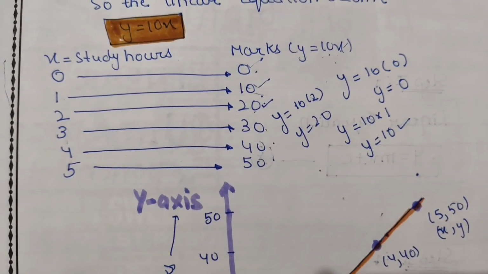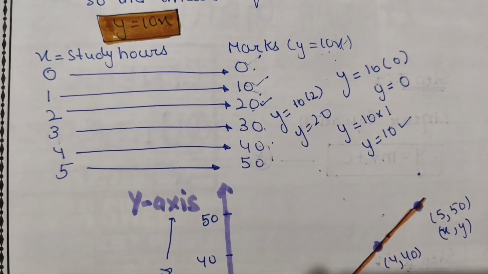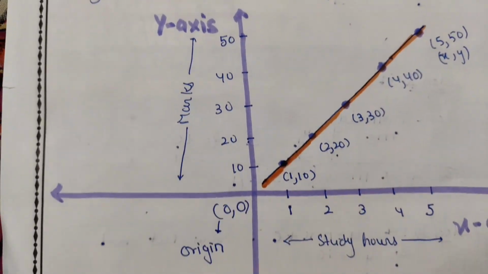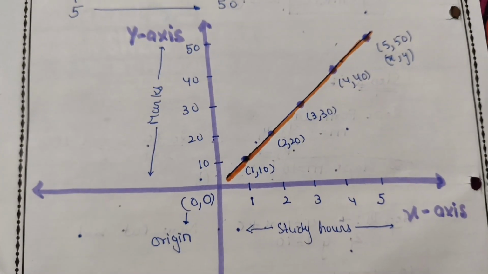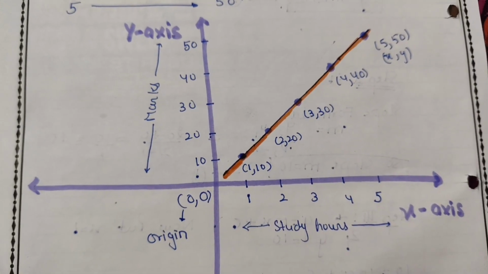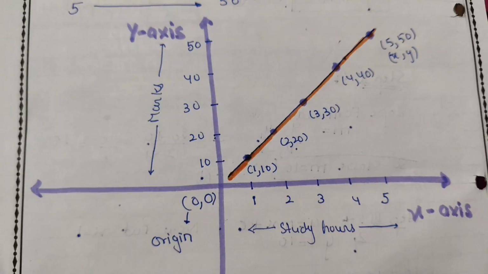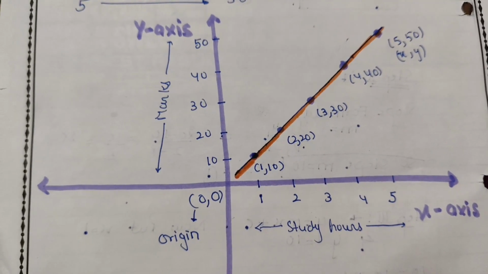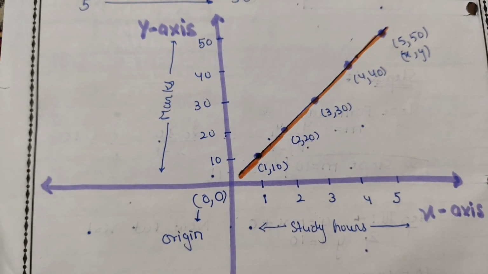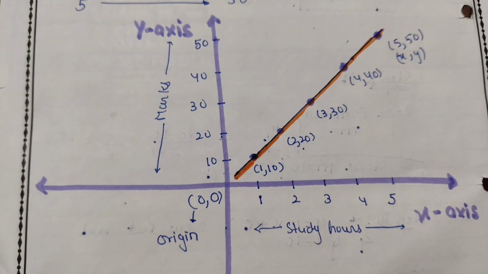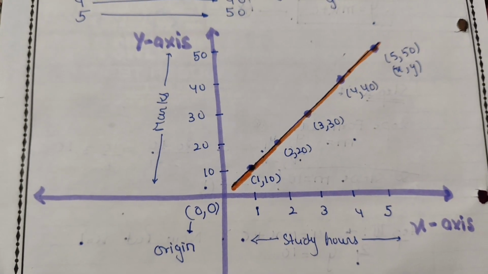Here, if you plot these points on a graph, with the study hours on the x-axis and the marks on the y-axis as shown in this video, a straight line appears showing exactly how your marks increase with the time you study. So this is basically a linear graph.